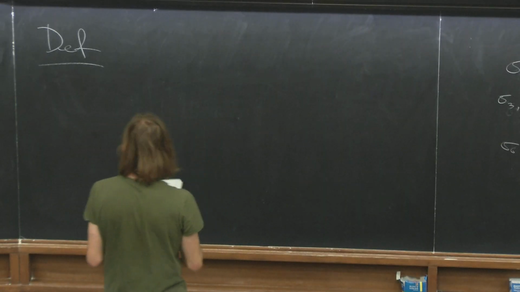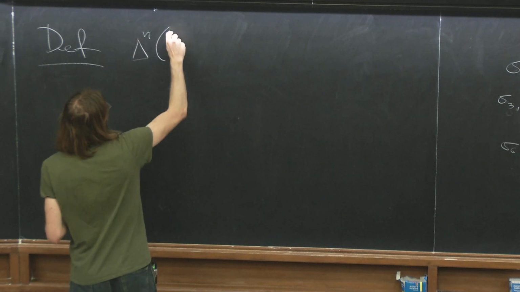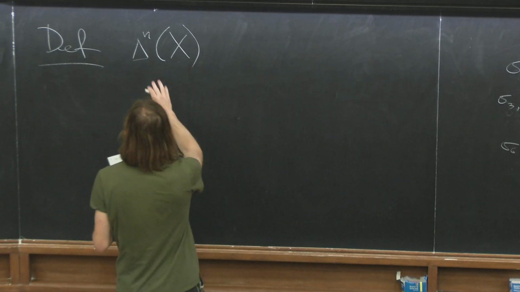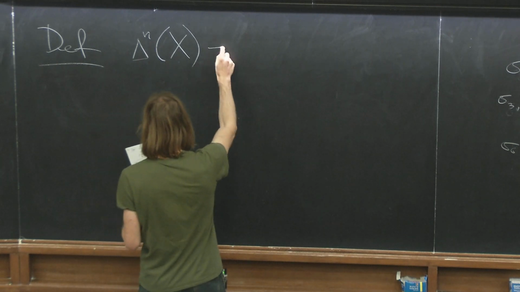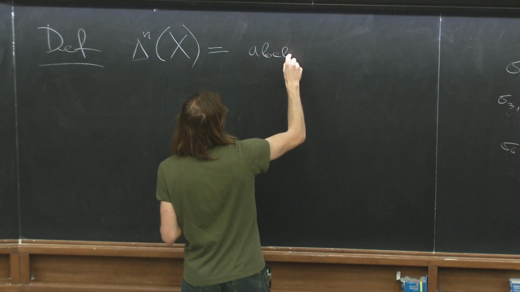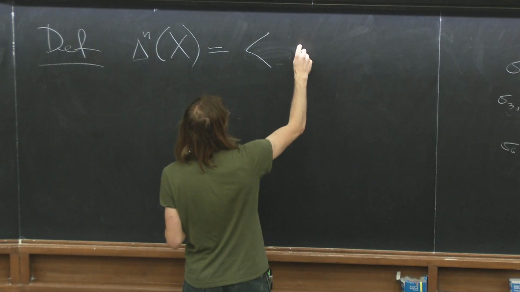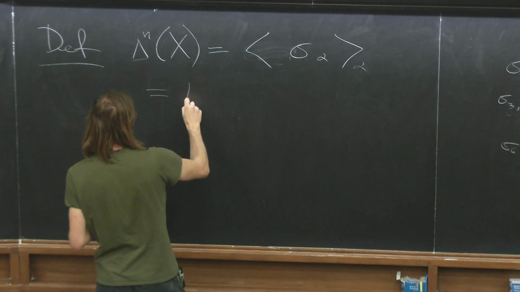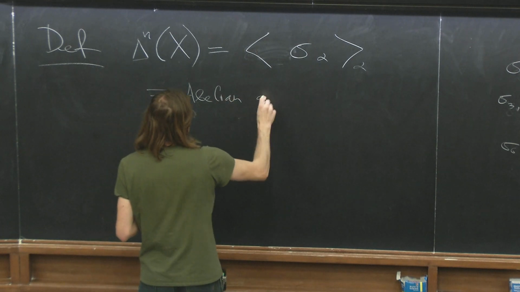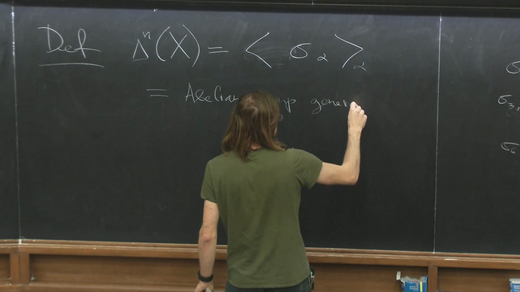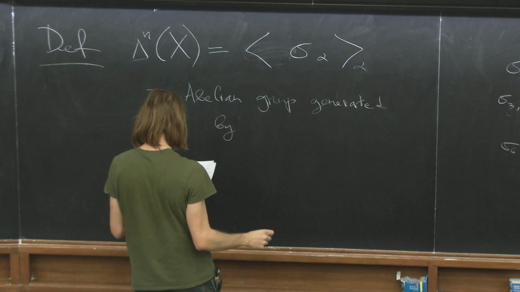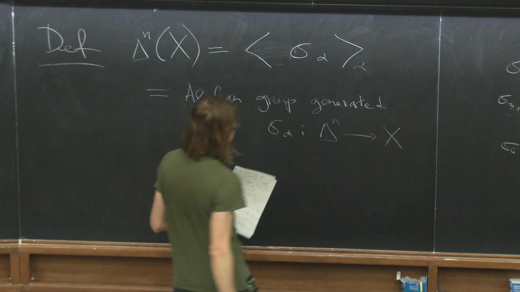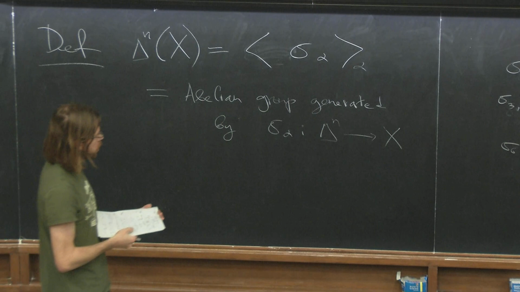Now we want to consider the following. For a topological space X with a given delta complex structure, let us define delta n of X to be an abelian group, meaning the group generated by our maps in our family, which defines the delta complex structure.